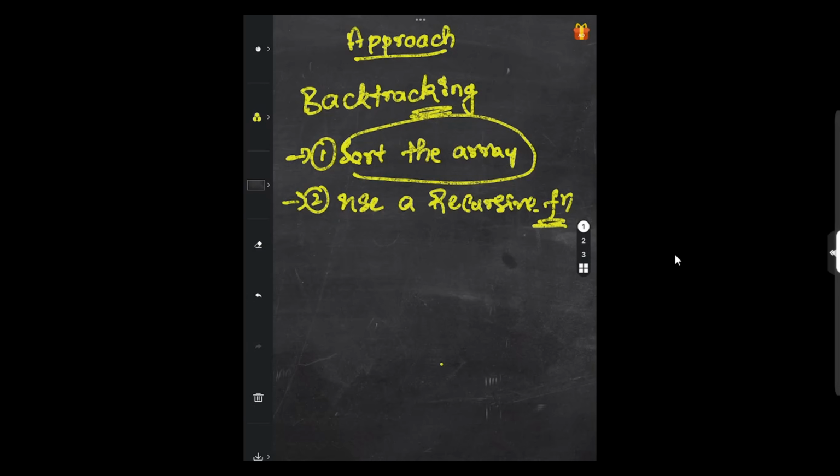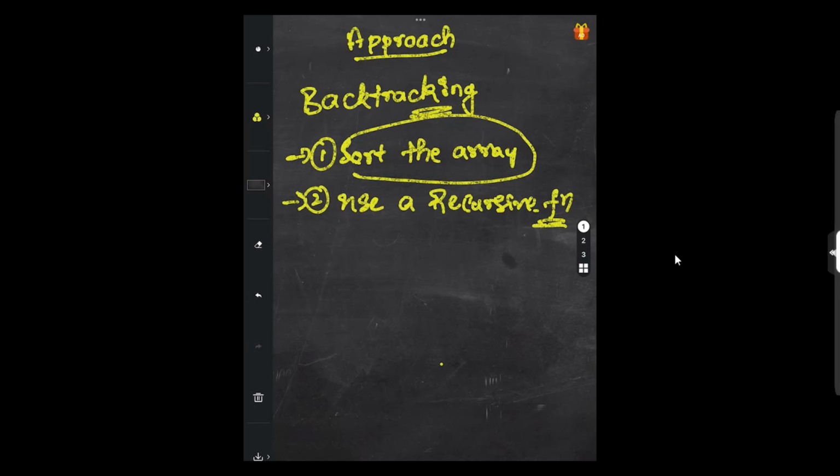In simple terms, we'll be going with recursive backtracking. First we sort the array, and second, we make use of the recursive function. Why recursive backtracking here? Because it adds an element to the combination if it doesn't exceed the target.